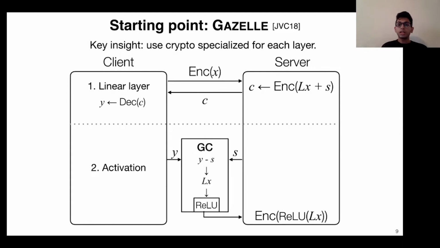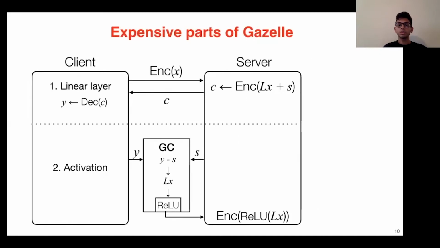All right, so GAZELLE has spent a lot of time optimizing each of these components. However, despite all of these optimizations, there's still overhead compared to native execution. In more detail, LHE libraries do not support, for example, GPU acceleration, so it's already much slower than the best techniques for evaluating linear layers.